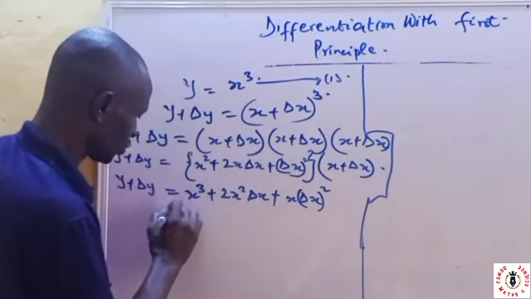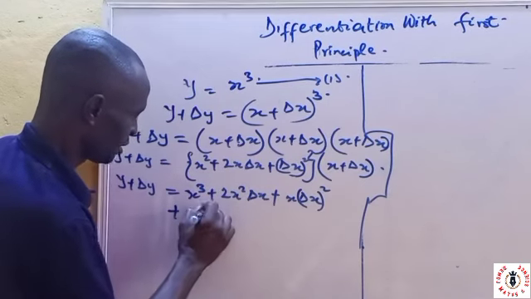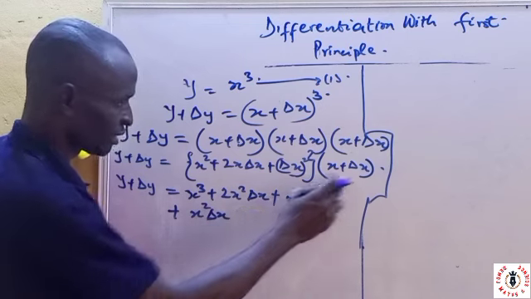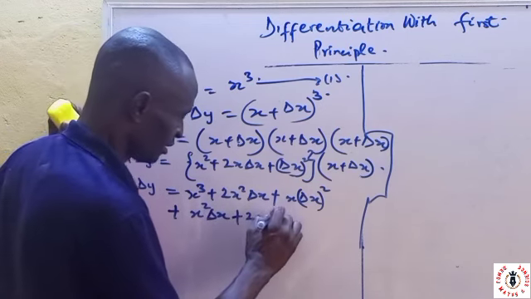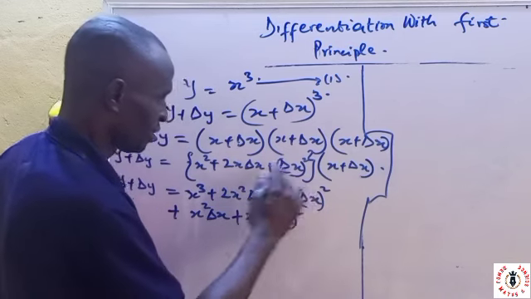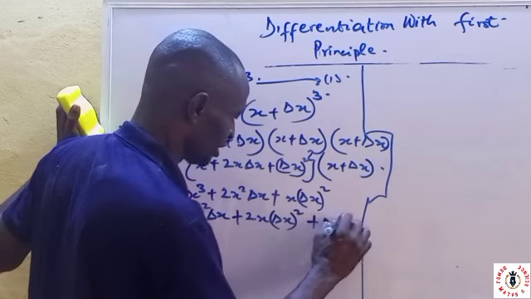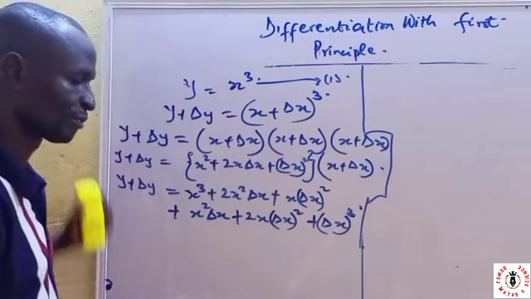This should multiply this again to become plus x squared change in x. This multiplies this plus 2x change in x all squared plus change in x raised to power 3.